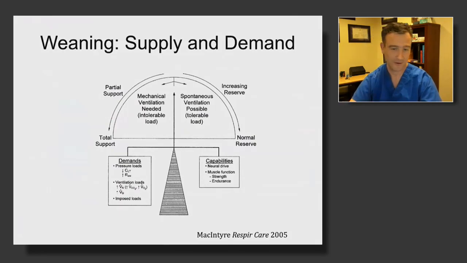If the demands on the respiratory system exceed the capabilities of the system, well, then you're going to remain stuck on a ventilator. So in assessing the difficult to wean patient, we want to try to understand what the demands placed on the system are and what the capacity of the system is to tolerate that demand. That's how we're going to approach this problem of difficult liberation from mechanical ventilation.